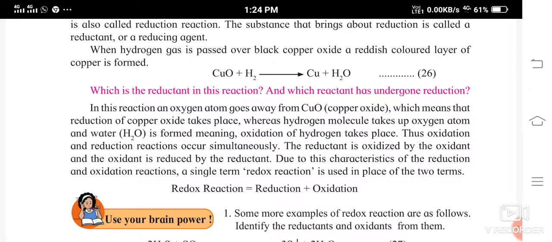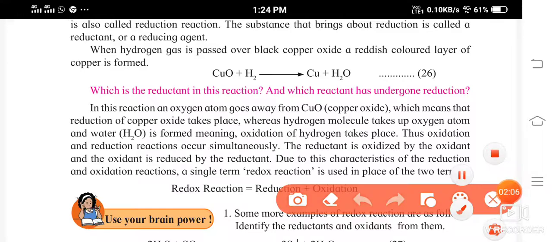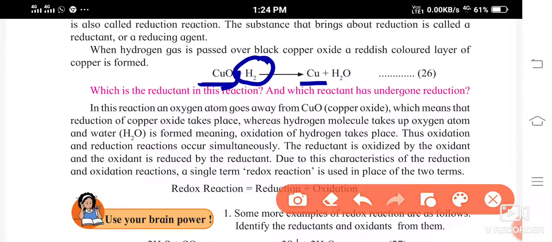When hydrogen gas is passed over black copper oxide, a reddish colored layer of copper is formed. Remember, this copper oxide is black in color and red copper has been formed when you pass hydrogen gas through this black copper oxide.